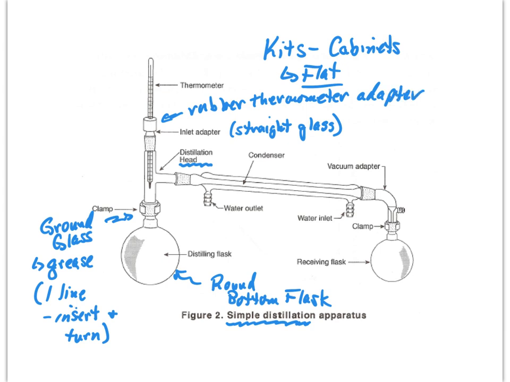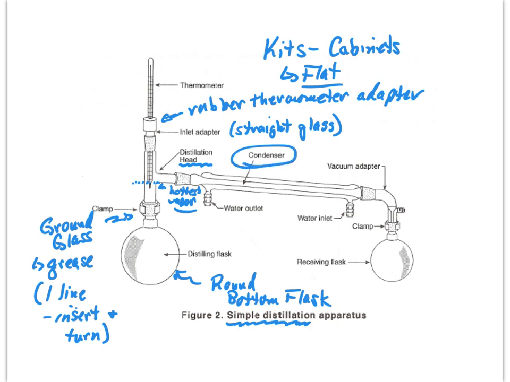When you put your thermometer in, you want the bulb of the thermometer to be just below the arm of the distillation head, because you want it to be in contact with the hottest vapor just before it crosses over into the condenser.